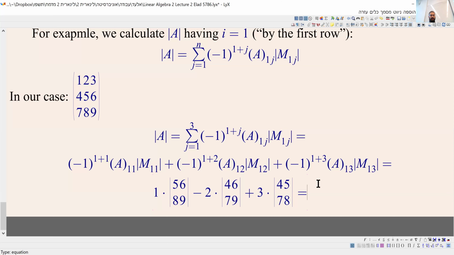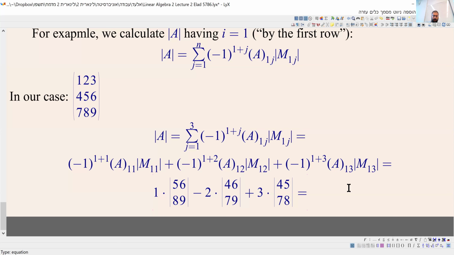And as you mentioned nicely, the formula is recursive. We calculate the determinant of a 3-on-3 matrix using the determinants of 2-on-2 matrices. Now, the determinant of 2-on-2 matrices, we've already seen last lecture. It is the multiplication of the elements of the diagonal, and we put down the elements which are not on the diagonal.